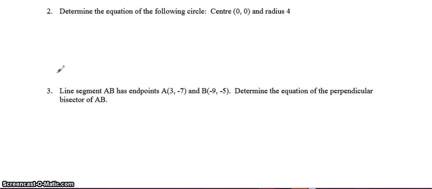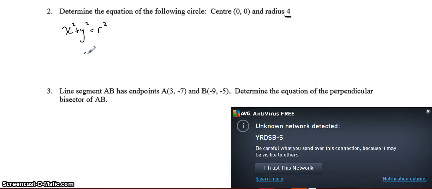To find the equation of a circle, the formula for a circle is x squared plus y squared equals r squared. So in this case, all you have to do is substitute the radius in for r. So in this case, it would be x squared plus y squared equals 4 squared.